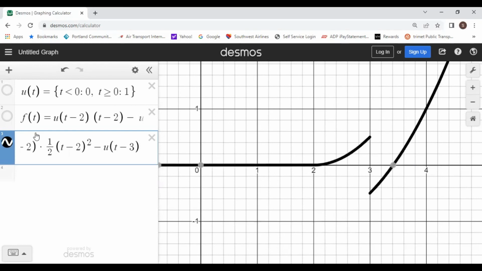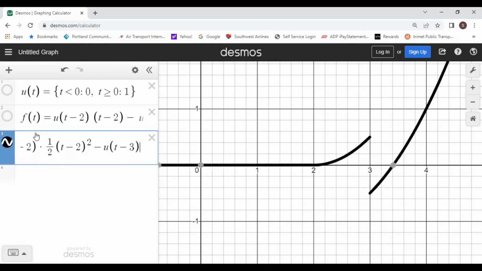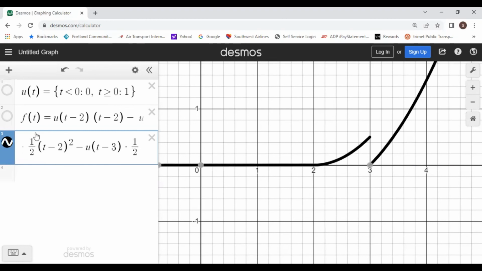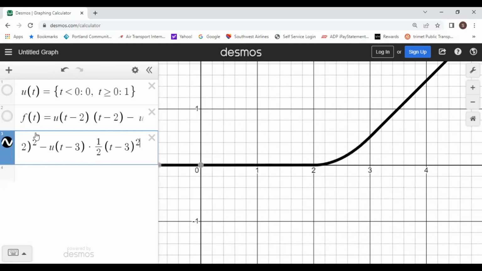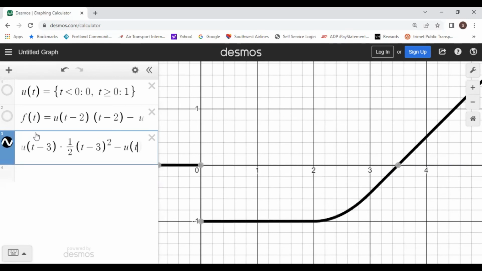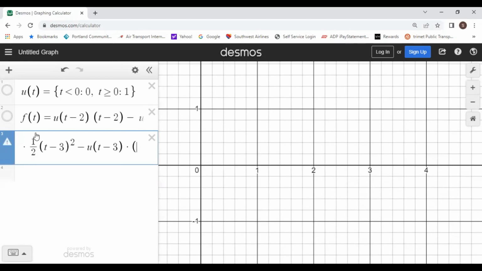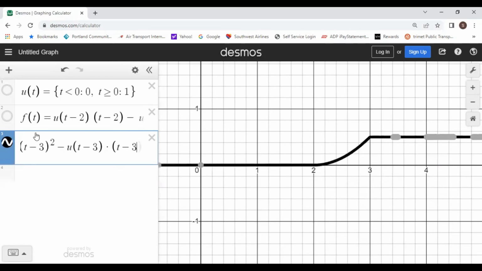That represents the u sub 3. We have again times 1/2. Now it's t minus 3 squared. And then minus the last term, which was u t minus 3 times t minus 3.